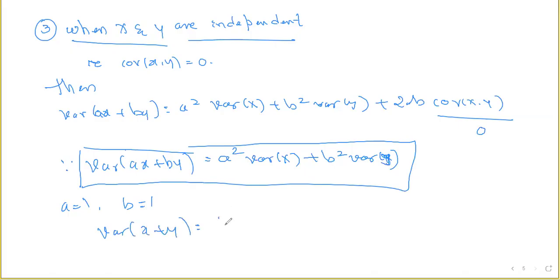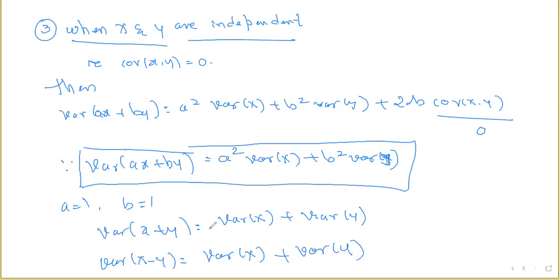This is nothing but variance of x plus variance of y. Clear? But variance of x minus y is also equal to the same, variance of x plus variance of y, right? So variance of x plus y and variance of x minus y are same, that is equal to variance of x plus variance of y, if and only if x and y are independent, right?